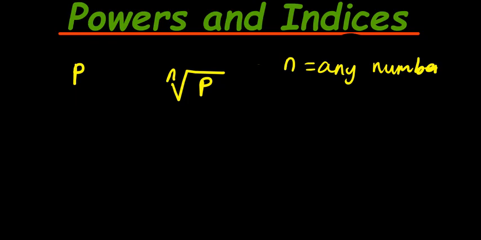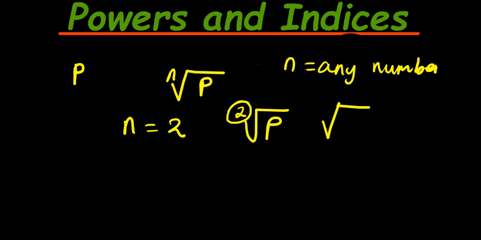For example, if n is equal to 2, it simply means that you are going to have the root of p. But here we don't show the 2 itself, the root symbol just shows that we are having a square root.